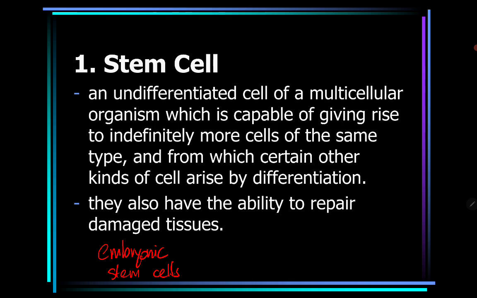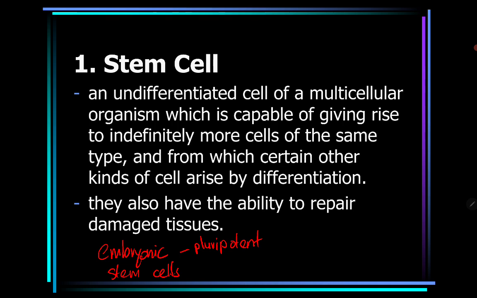I believe you have heard already of that word, in vitro fertilization, that produces embryos that are donated to science. So these embryonic cells are pluripotent. So what does pluripotent mean? So it means that they can turn into more than one type of cell.